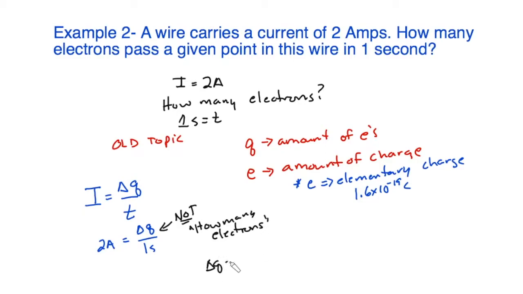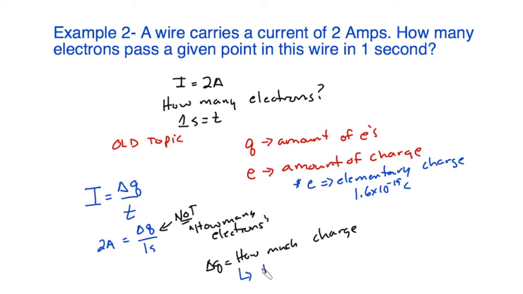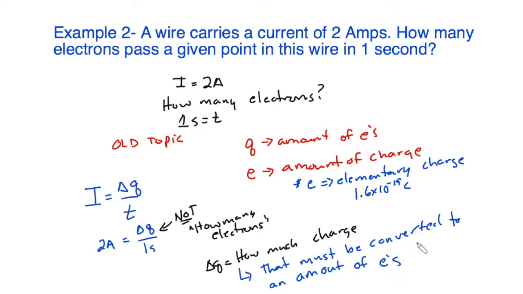Delta Q is equal to how much charge, which then, after you know how much charge, must be converted to an amount of E's. And you could do that right now.